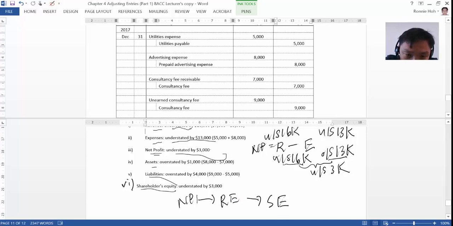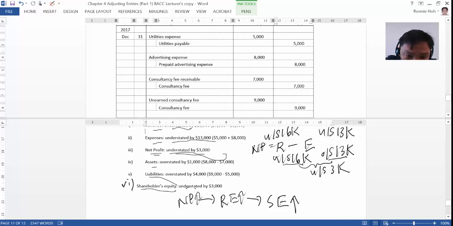So if your net profit increases, your retained earnings will increase, and therefore your shareholders' equity will also increase. If it's a decrease, it has the same direct correlation. So in this case, net profit is understated by 3k. So retained earnings also will be understated by 3k, and therefore shareholders' equity will also be understated by 3k.